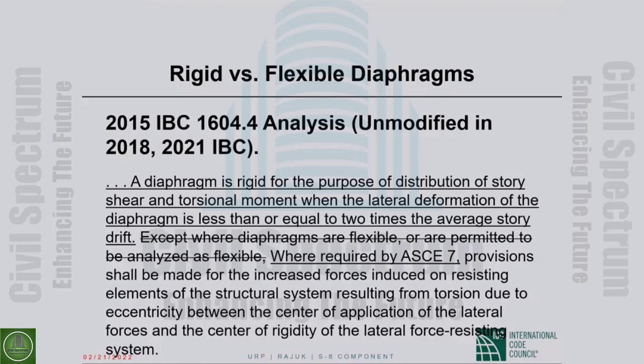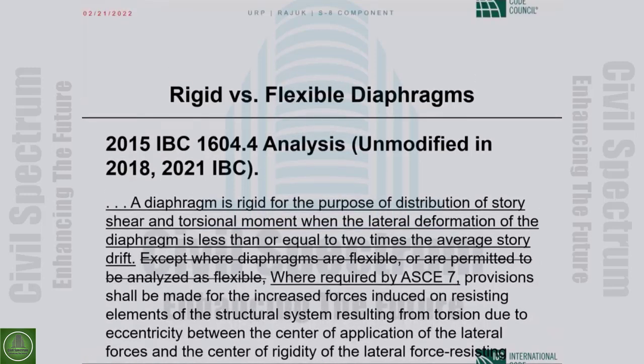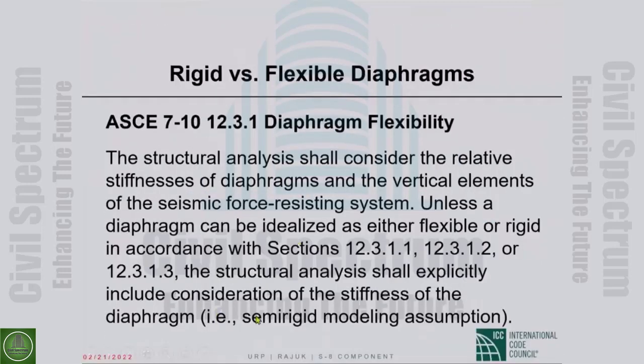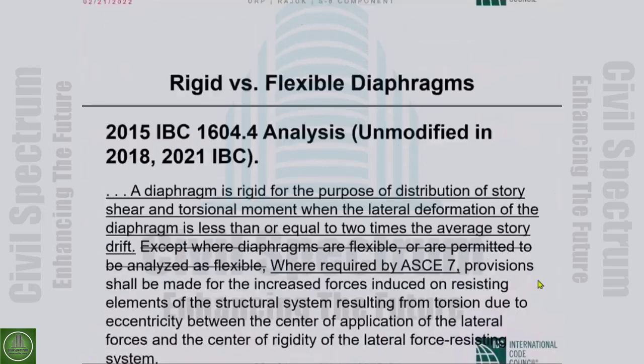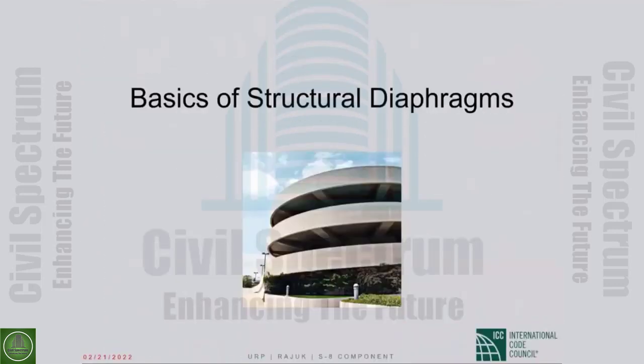And I mentioned previously that the code controls over the standard. So you can legitimately say that since this provision is in the IBC, we do not have to go by this ASCE 7 requirement of semi-rigid diaphragm modeling.